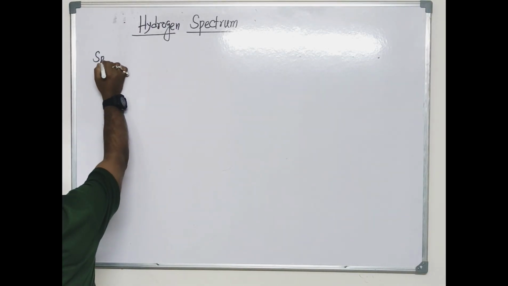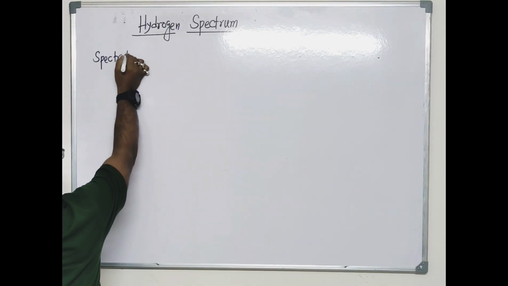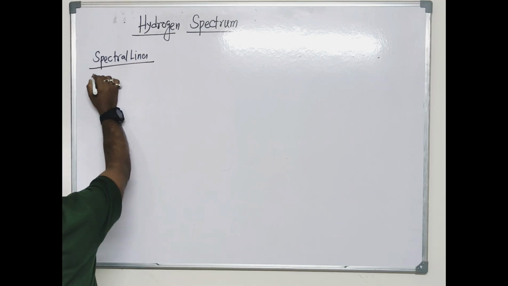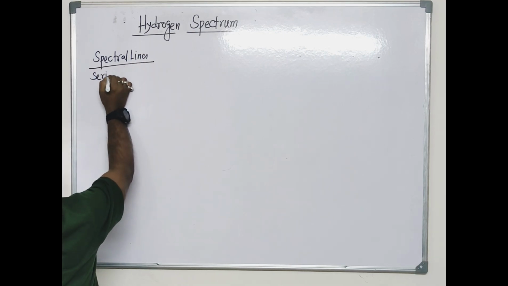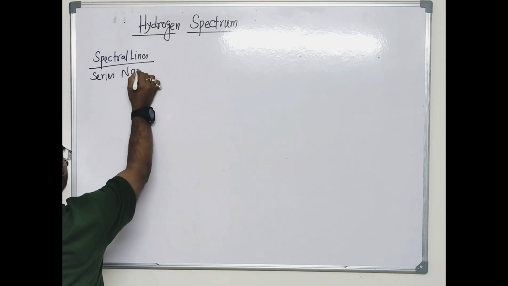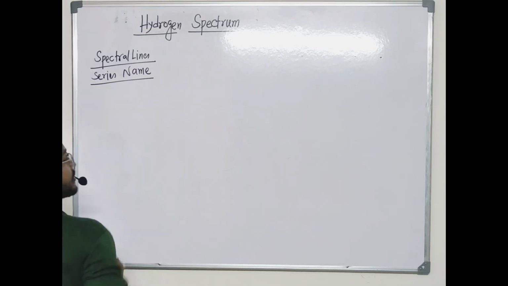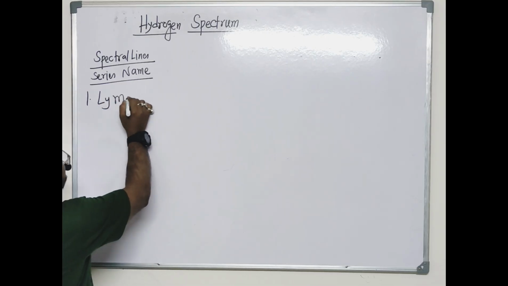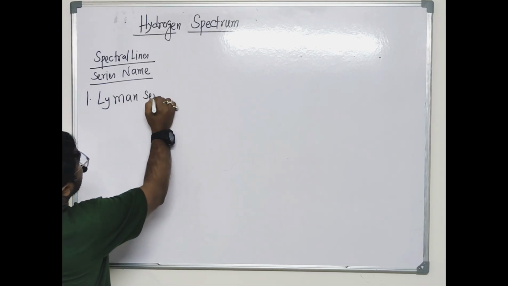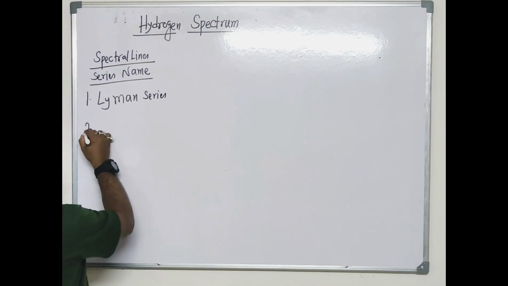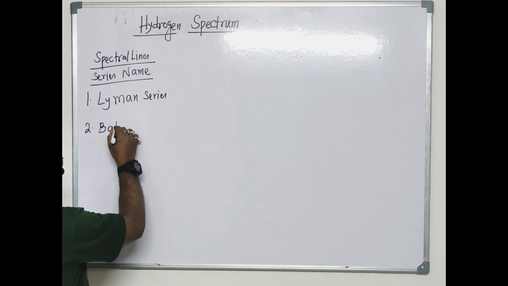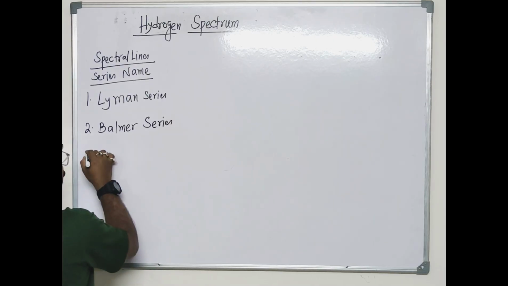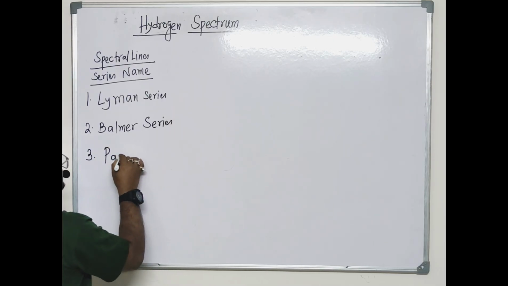First I am taking spectral lines, that is the series names. What are the names of the series? First is named the Lyman series. Next one is the Balmer series. Next one is the Paschen series.